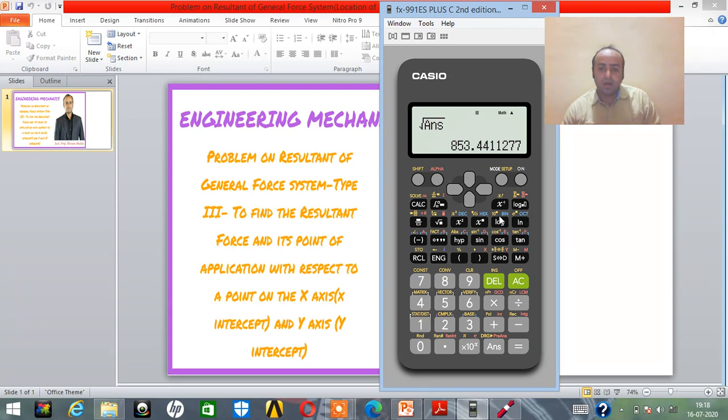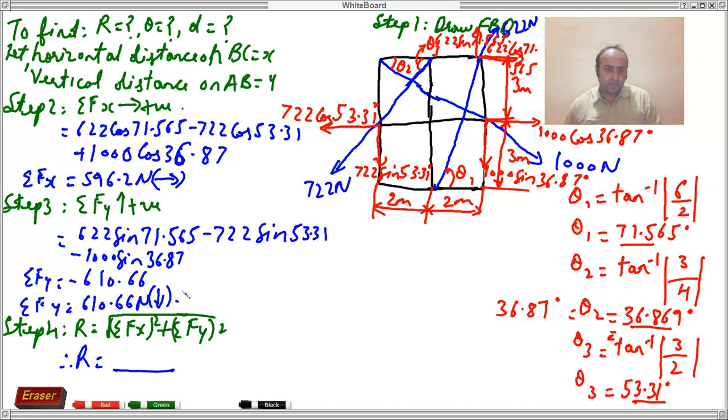So value comes out to 853.44 Newton. Of course, this is downwards sense, this is towards right. That is, the resultant will be acting towards fourth quadrant, making an angle alpha.